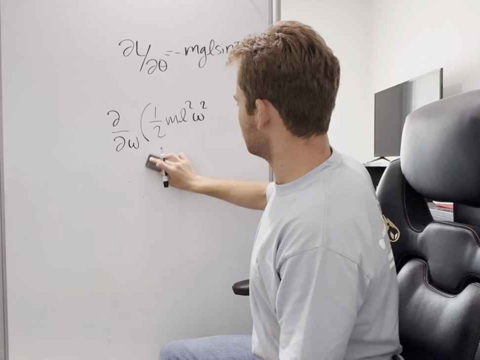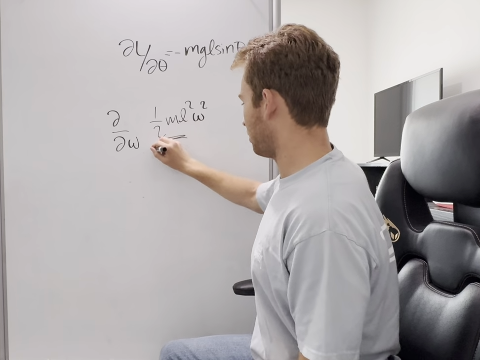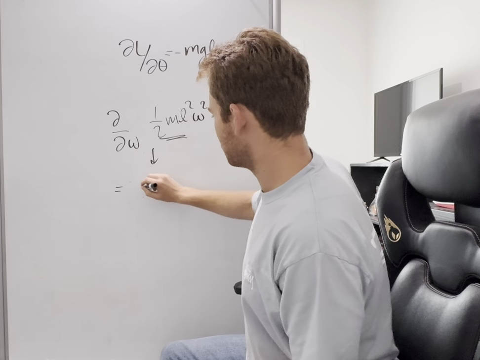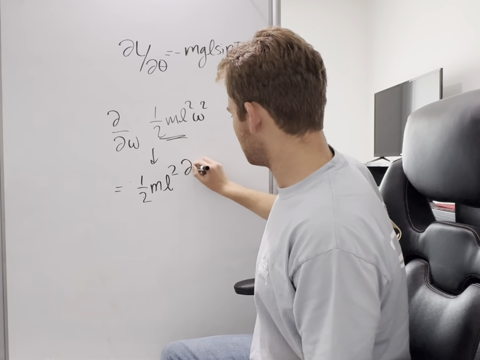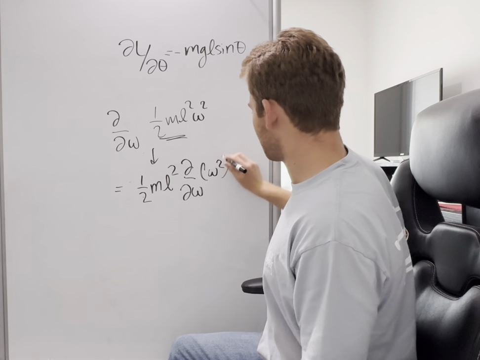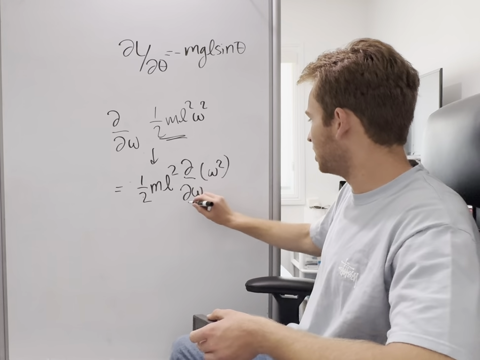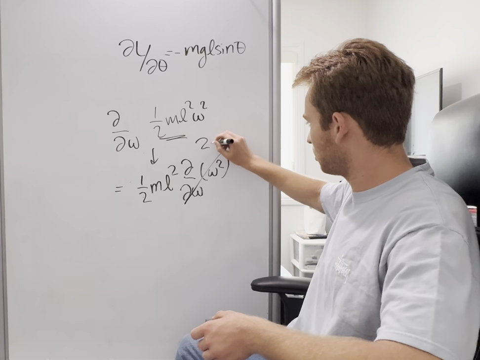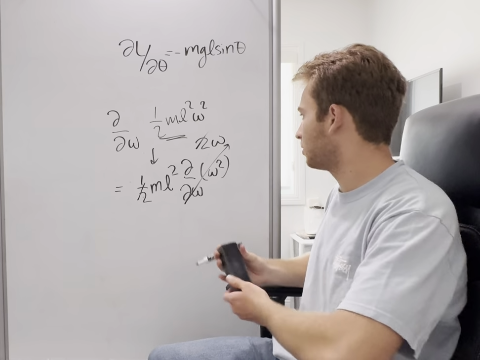And so what we can do is, since this is a constant, we can pull it out, and we can say that this is equal to 1/2 mL squared d by d omega of omega squared. Using the power rule, this becomes 2 omega, and the 1/2 and the 2 cancel out.